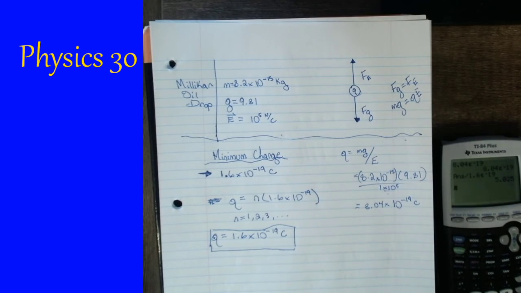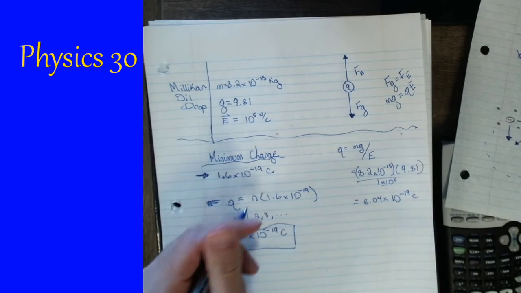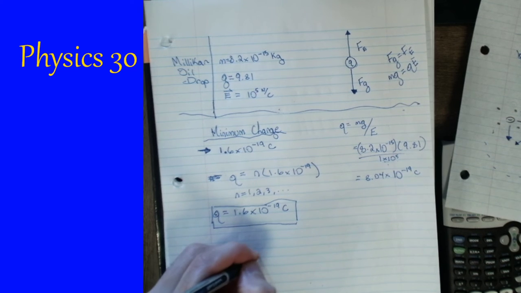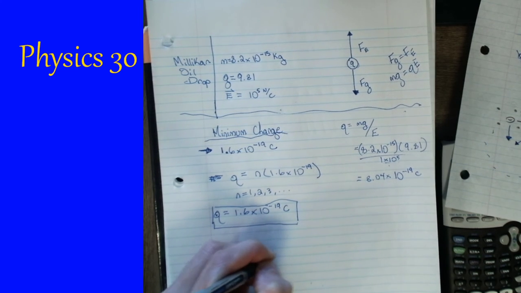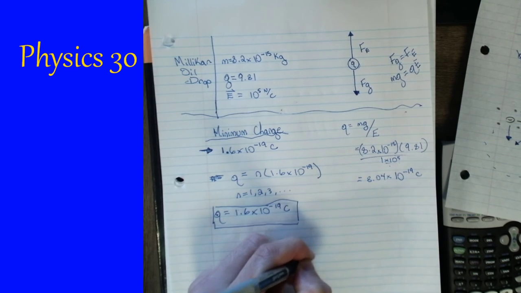Okay, well, perhaps we can use that with the charge to mass ratio and get an understanding of the mass of the electron. So the charge to mass ratio is this 1.76 times 10 to the 11 coulombs per kilogram.